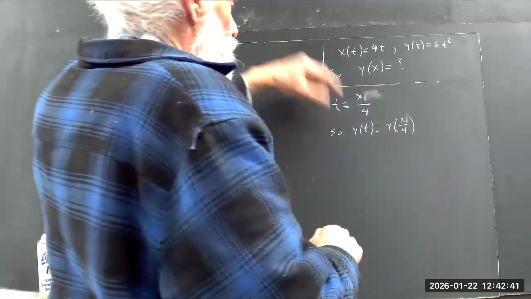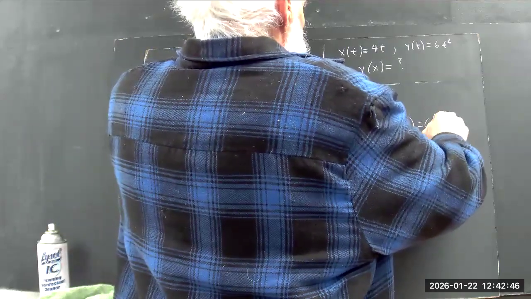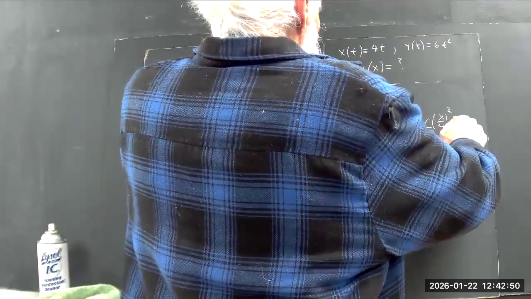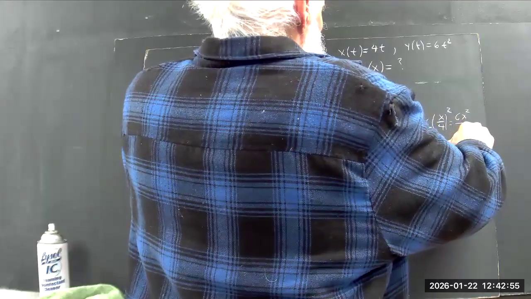I should have just said y equals x over 4. Equals 6 times x over 4 quantity squared, which is 6x squared over 9.